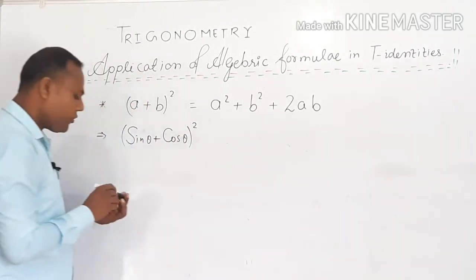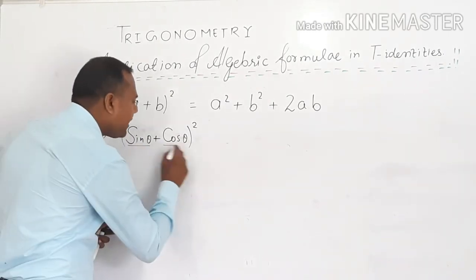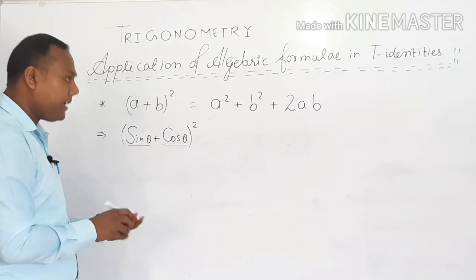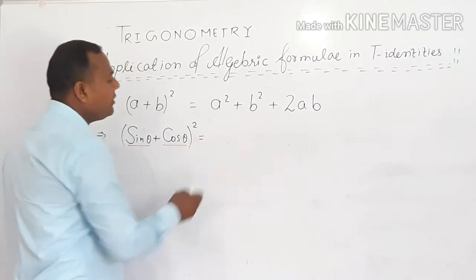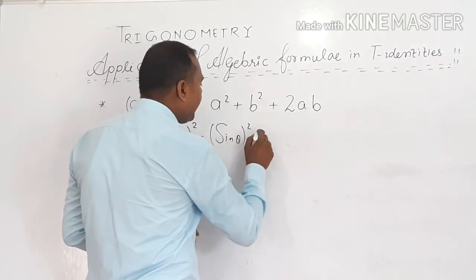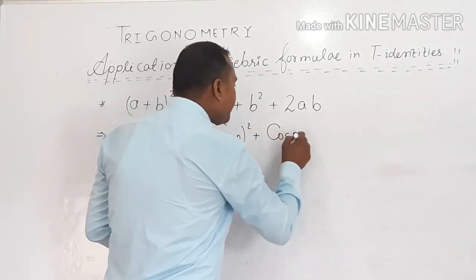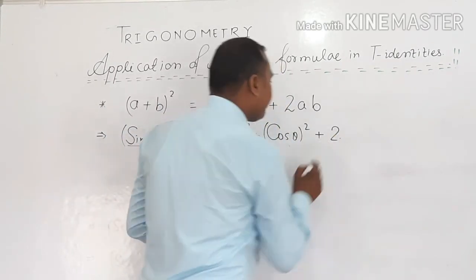That means we always remind it: sine theta is the first term and cos theta is the second term. That's why we can say that first term the whole square, that means sine of theta the whole square plus cos of theta the whole square plus twice of first term.